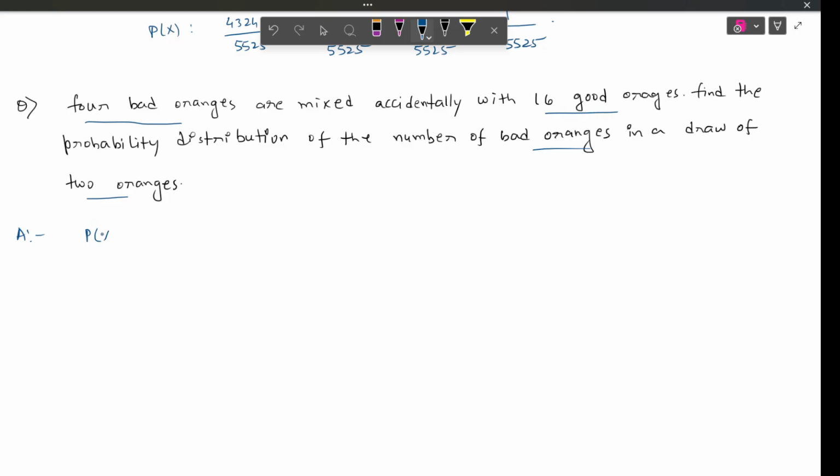So let us say the probability of X equals 0, that means the probability of getting no bad orange.